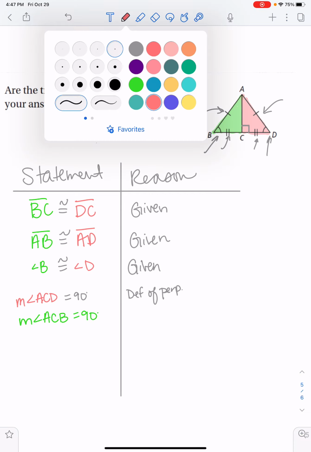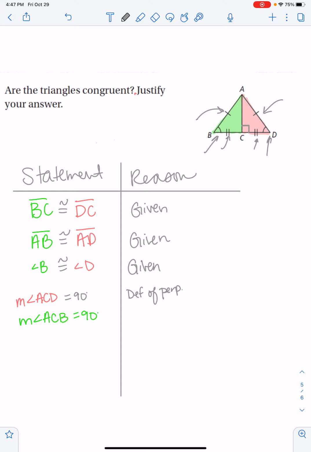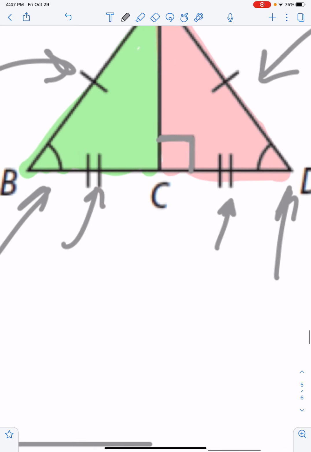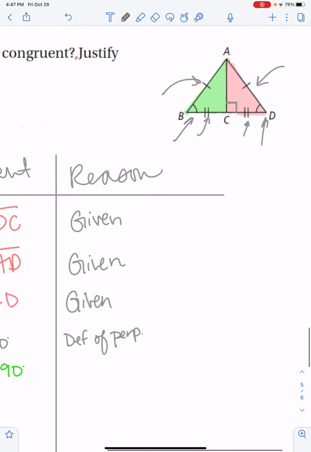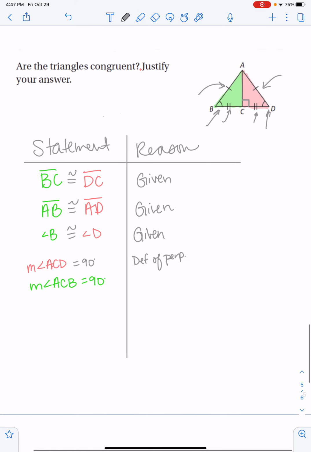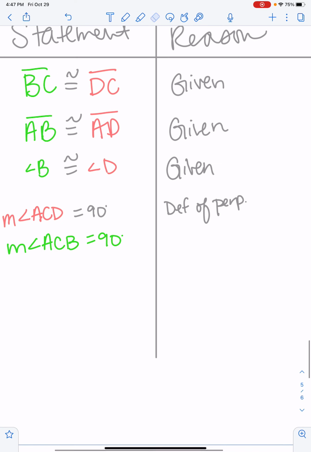And that has to be 90 as well because they make a straight line. So if one of them over here is 90 and they add to 180, then the other one's going to have to be 90. So this one has to equal 90 as well. I would maybe just say supplementary or something like that. Supplementary.